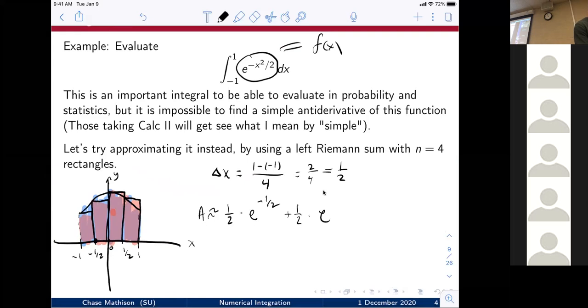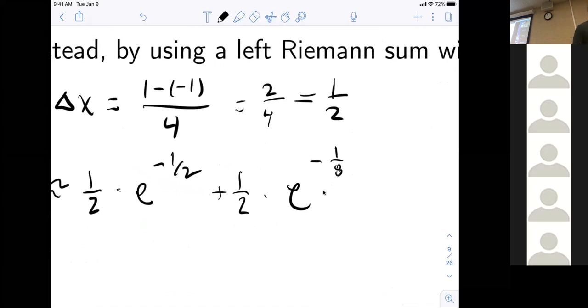So I'm going to square minus 1/2. So I'm going to get e to the minus 1/4 over 2. So that gives me e to the minus 1 over 8. Okay. Questions on that?